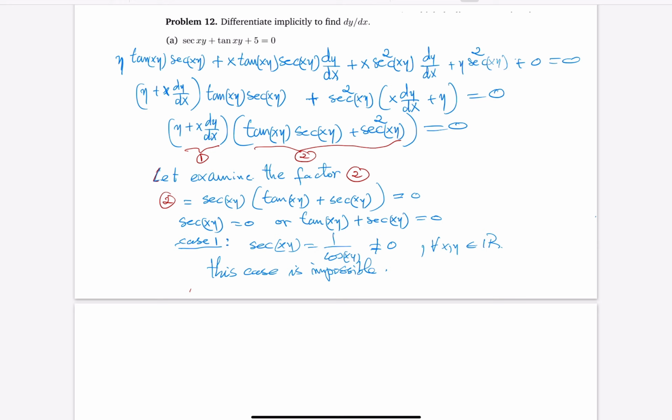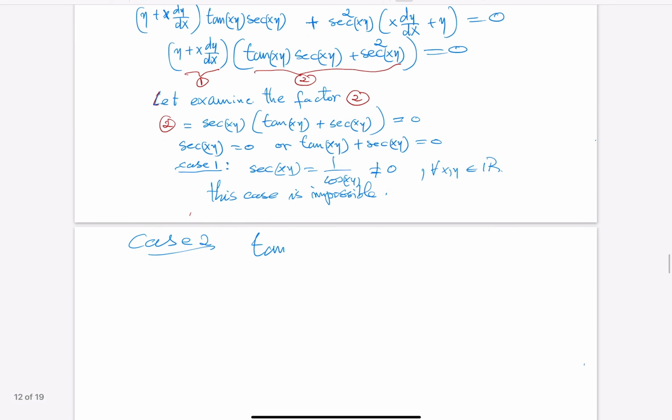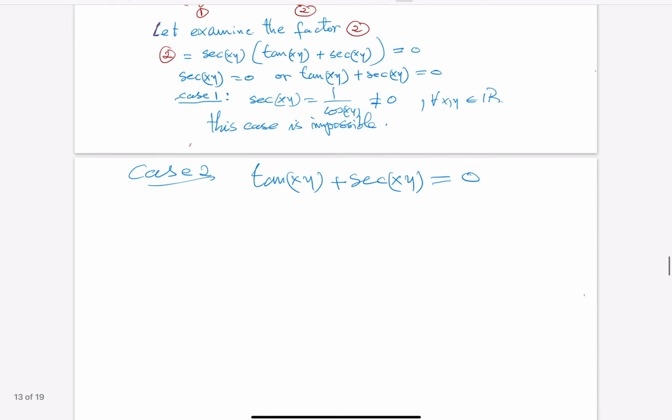Now, let's do case 2. Case 2 is when you have the second side equal to 0, okay? Case 2, this one is equal to 0. Case 2 is when tan of xy, plus secant of xy is equal to 0, okay?